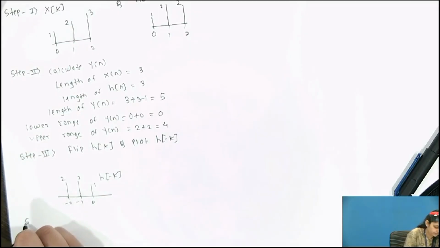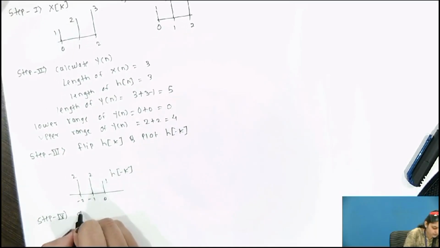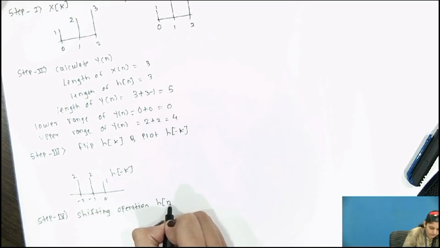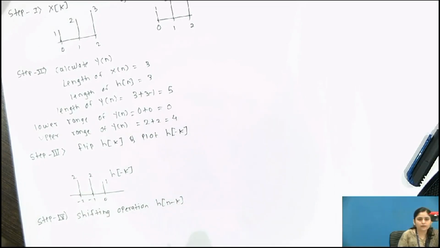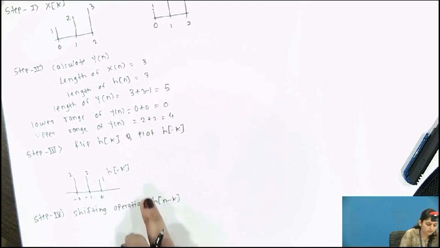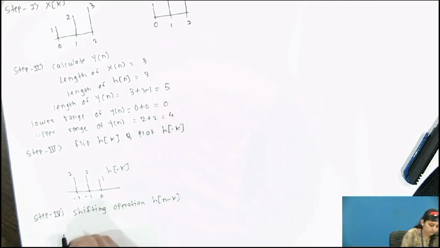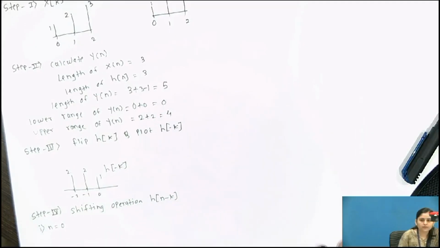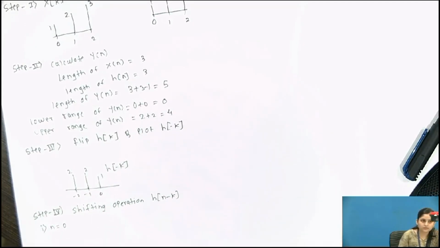Now in step number 4 we have to perform the shifting operation, that is, we have to perform h of n minus k. Now we take different values of n from 0 to 4. So check the first condition. When n equals 0, we perform the convolution sum.